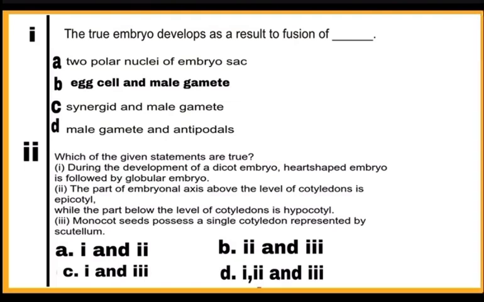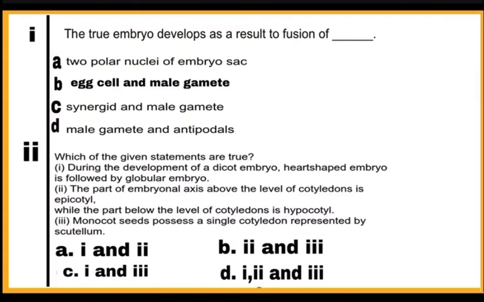The part of embryonal axis above the level of cotyledons is epicotyle, while the part below the level of cotyledons is hypocotyle. This is the true statement. Epicotyle terminates with plumule or stem tip and present above the level of cotyledons, while hypocotyle terminates in radicle or root tip and present below the level of cotyledons.